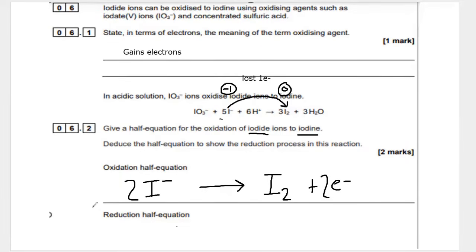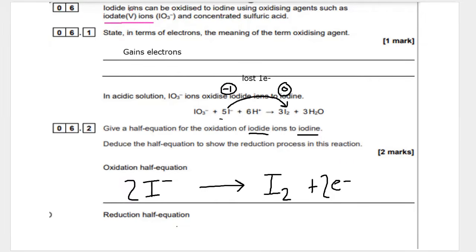Now let's look at the harder half equation, which is the reduction half equation. So when we look at this reduction half equation, we're focusing on the iodate ions. Now, something that we need to note is that it tells us here that the name is iodate 5 ions.